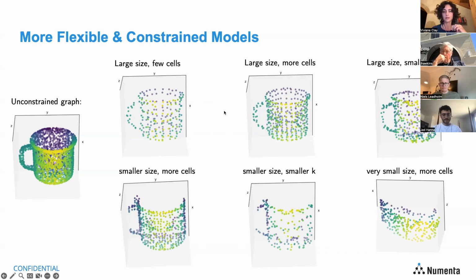And then, for example, the difference between this one and this one is that this one has more cells per dimension, so it can represent a more detailed spatial resolution. And this one over here has a smaller K, so we pick less. What's K? That's the number of winner cells that we pick.